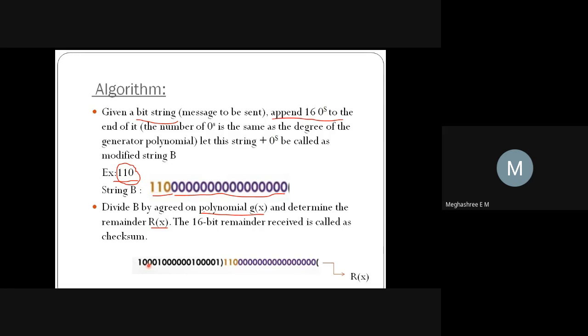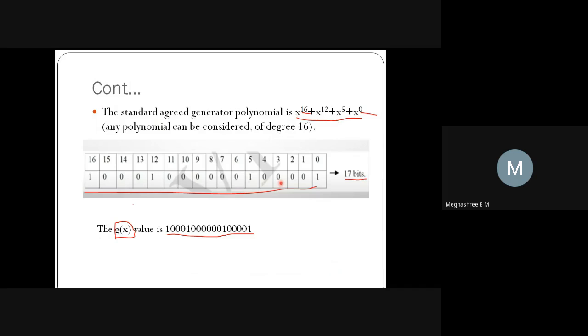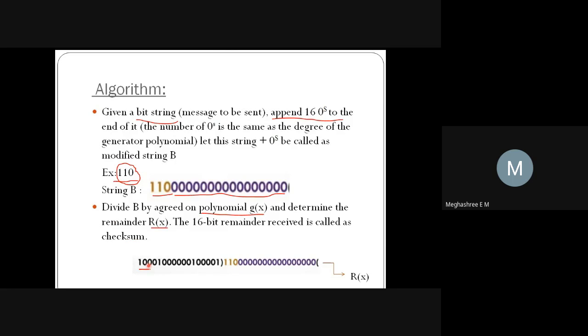Which is the divisor here? That is the polynomial g of x. This is what I have written here: this is g of x and this is string b, where I have appended 16 zeros to the data.